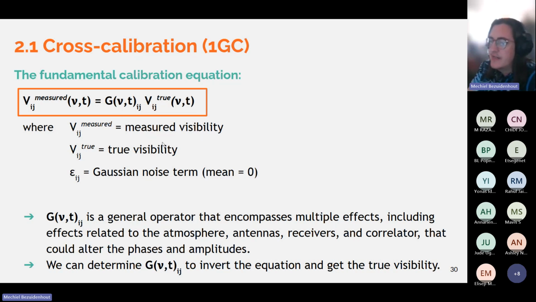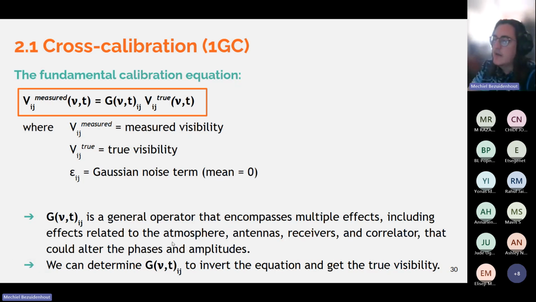So this factor G, which we sometimes call the gain solution, is a general operator that encompasses multiple effects, including effects related to the atmosphere, antennas, receivers, and correlator that could alter the phases and amplitudes. So it encompasses any effect that could change the visibilities.